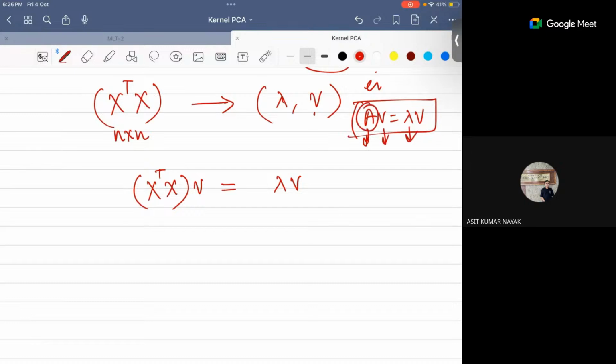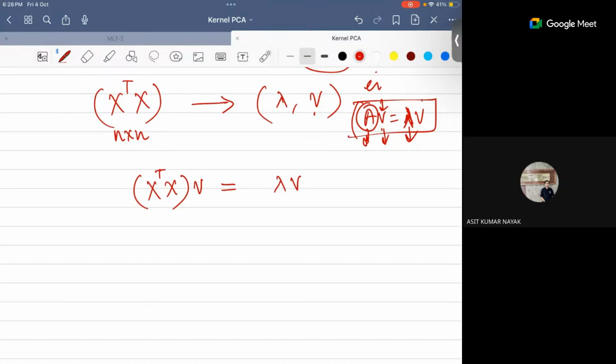You're just doing some operation of A on vector v, and generally the vector doesn't change direction, it just gets magnified or minimized by lambda. So lambda is the eigenvalue and v is the eigenvector.